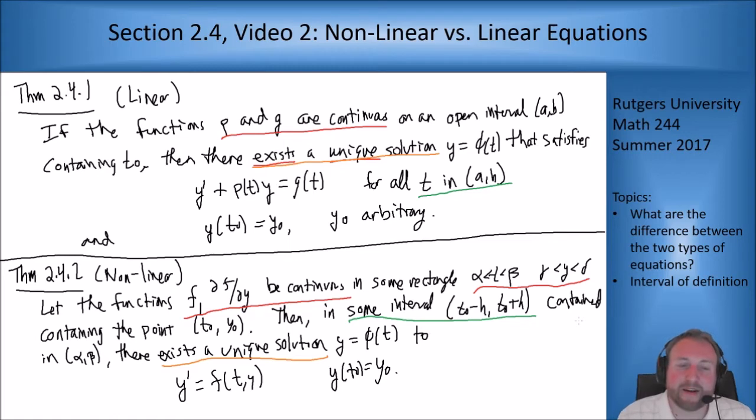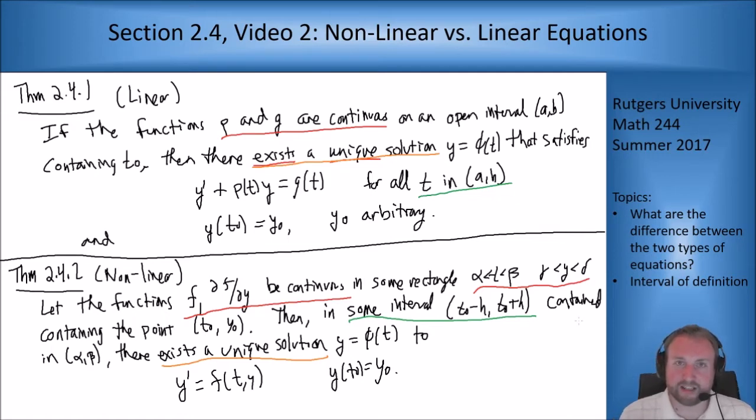So while I may have my functions f and df dy continuous all the way from t equals alpha to t equals beta in a rectangle, it's possible that somewhere in the middle of that rectangle, my solution, my y, shoots up above delta and breaks out of the rectangle and then breaks continuity. So even though t isn't getting too far away to break continuity, y might be.